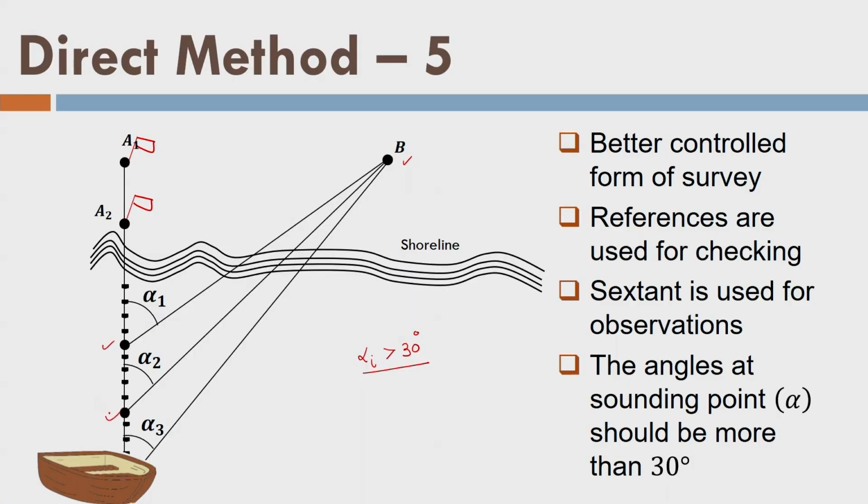The intermittent distances between the points are measured with the help of the time interval or the watch. I think you can now understand that this is a better controlled form of survey, and references are used for checking. The sextant is used and the angle alpha should again be more than 30 degrees.